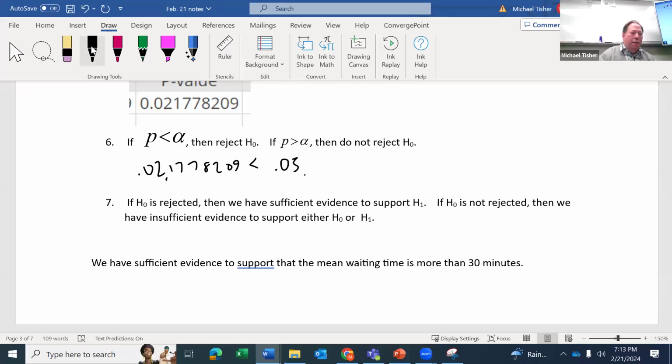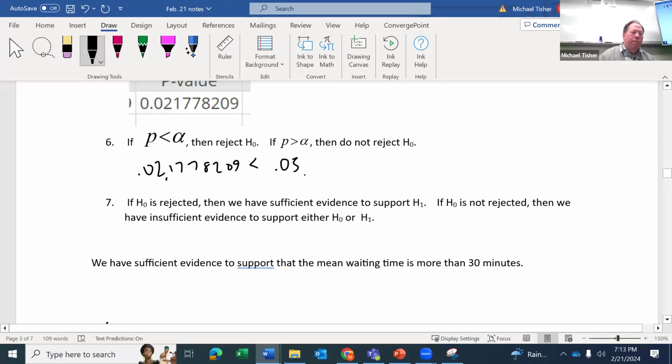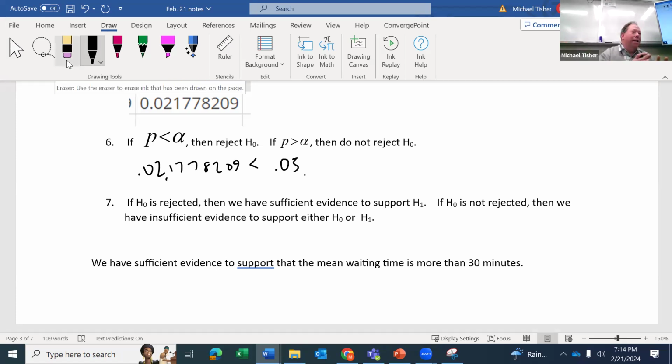Okay, now as a little side note, there is a relationship between confidence level and significance level. In this case, we have a 5% significance level. So what would the confidence level be in this case? Yeah, it is 95%, very good. So the confidence level and the significance level are like opposites.